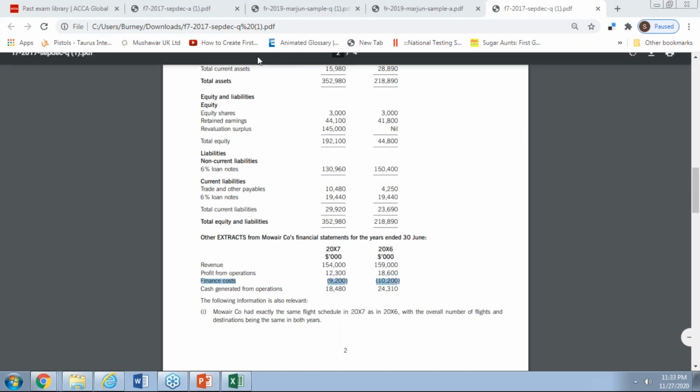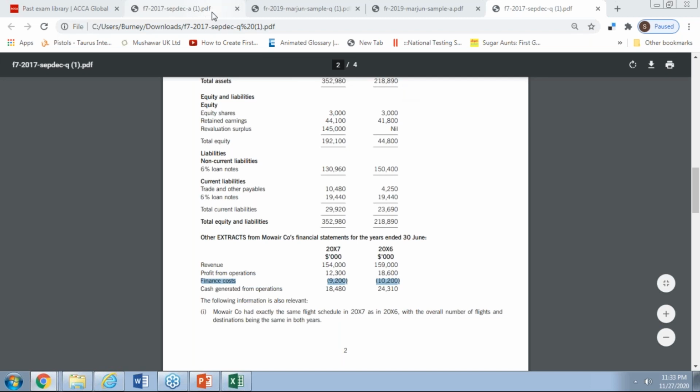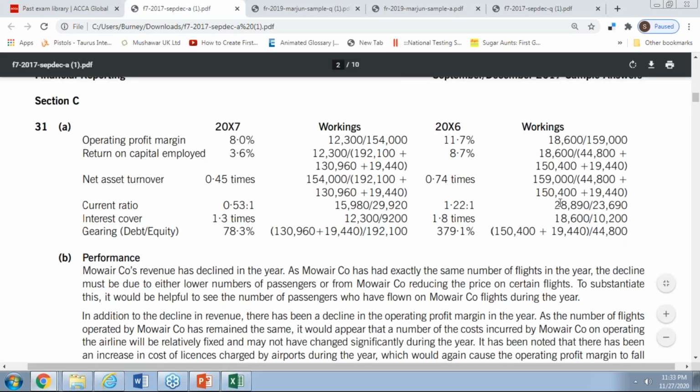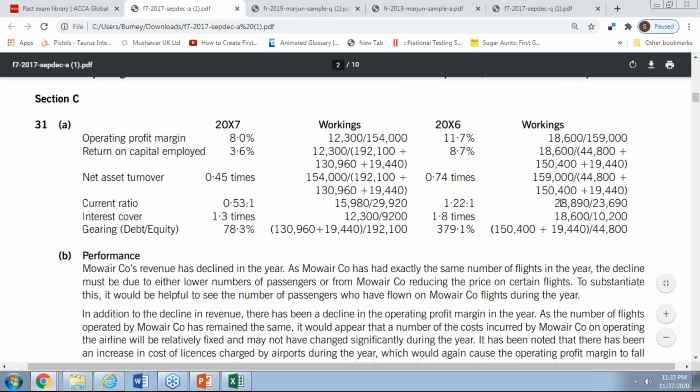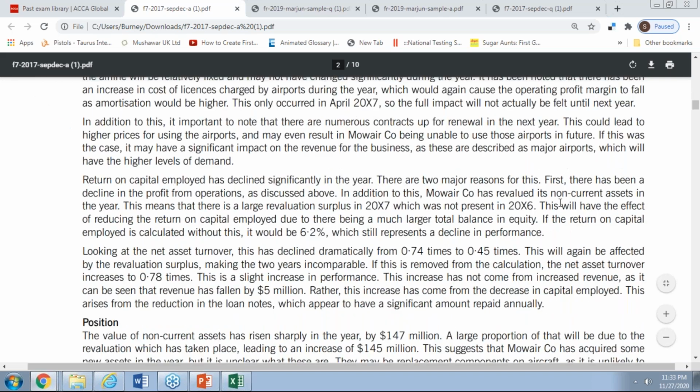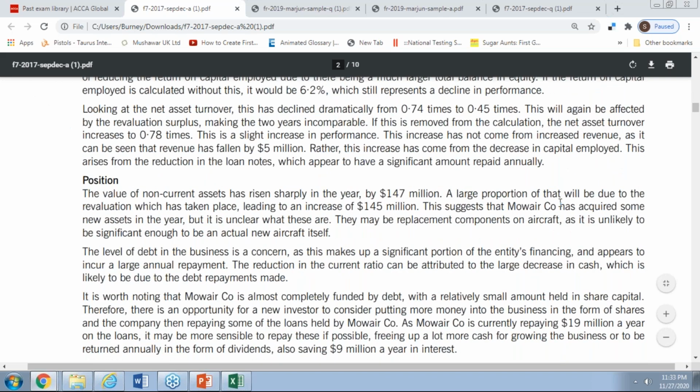So I want all of you to just read this one, then we will move on towards the next scenario. Now, this is the position analysis of the company.